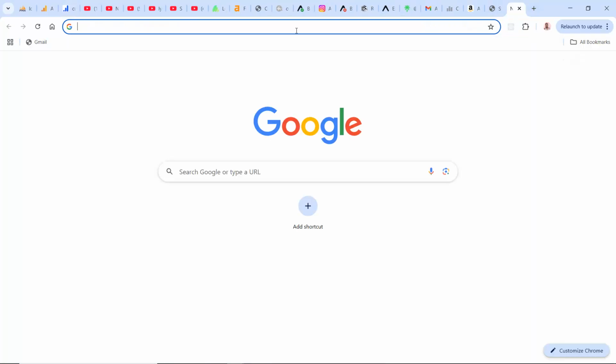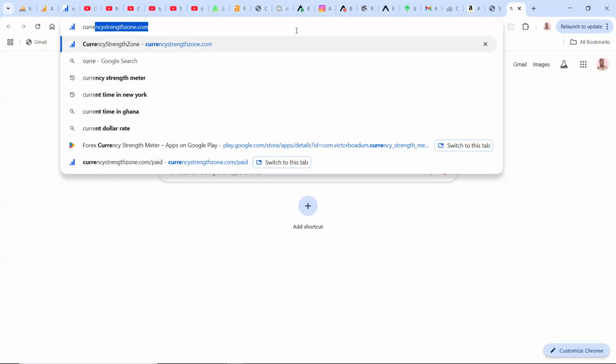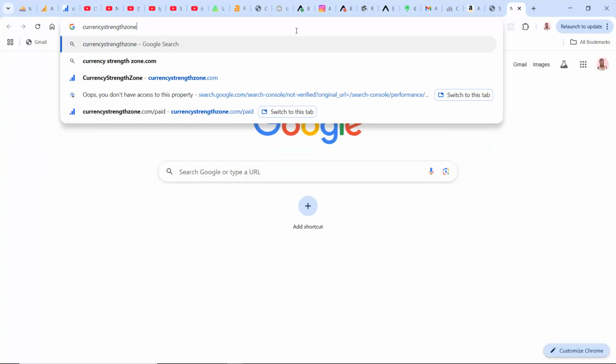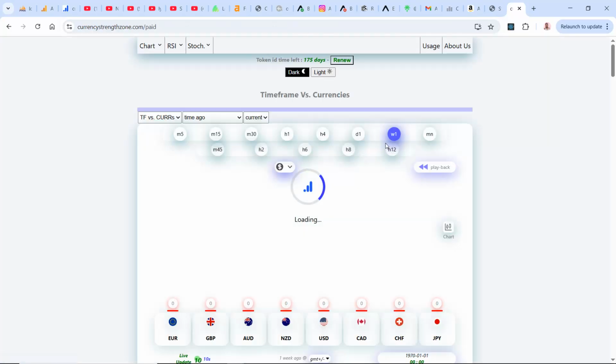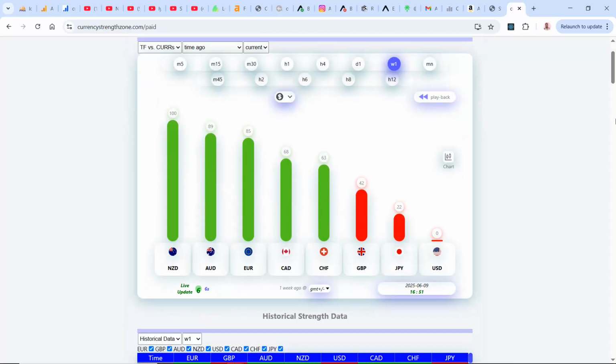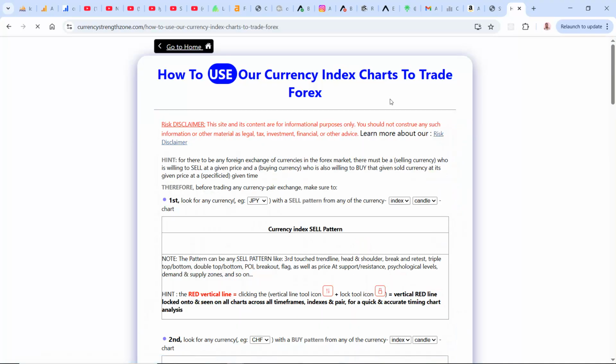You can search currency strength zone and find it there, and other features. You can learn more about how to use it.